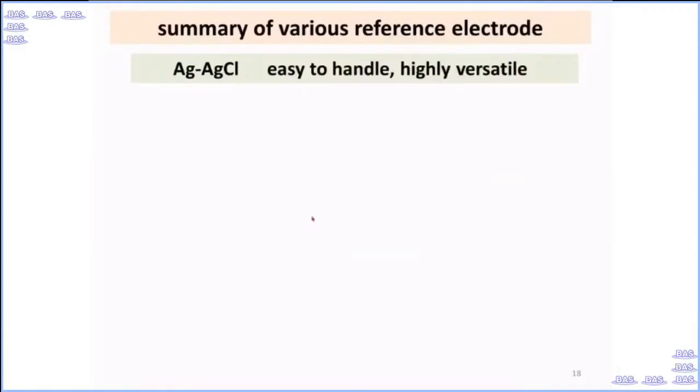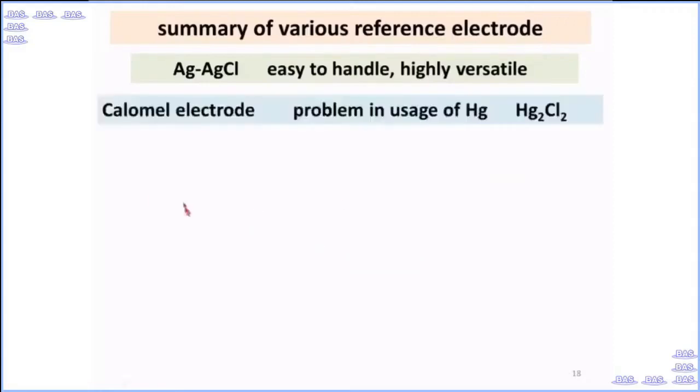HCl is easy to handle, highly versatile. It is very usable. Copper electrode: there is a problem in the usage of mercury. Mercury is not recommended for use in electrochemistry.